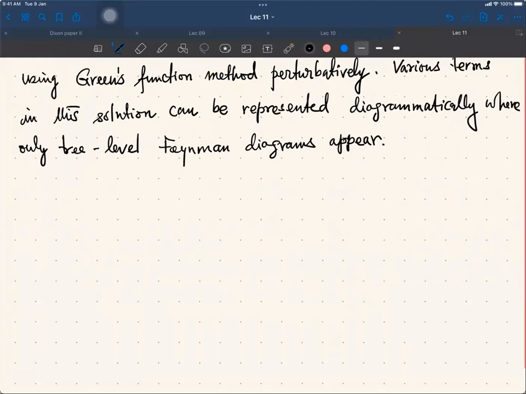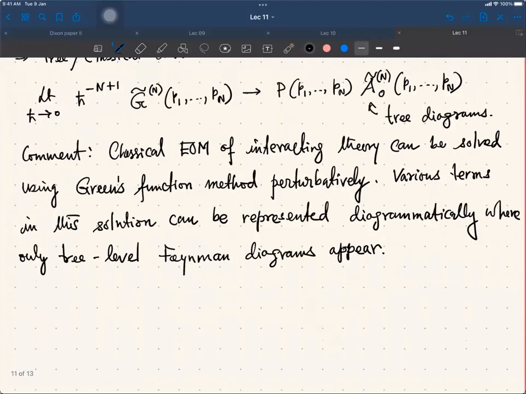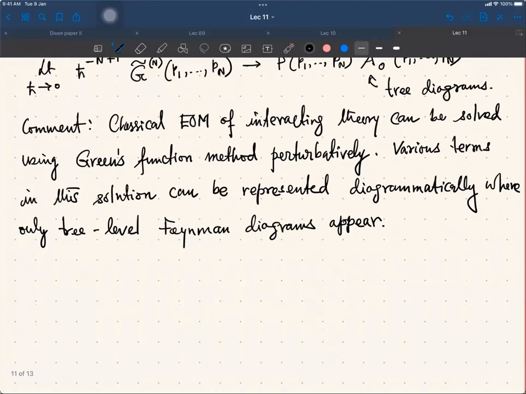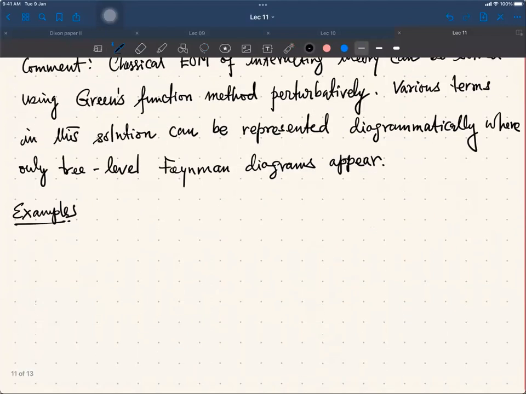So let's look at some examples. If you calculate g1 of x, then you have these diagrams.